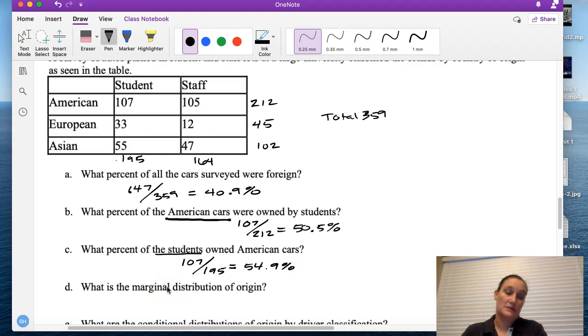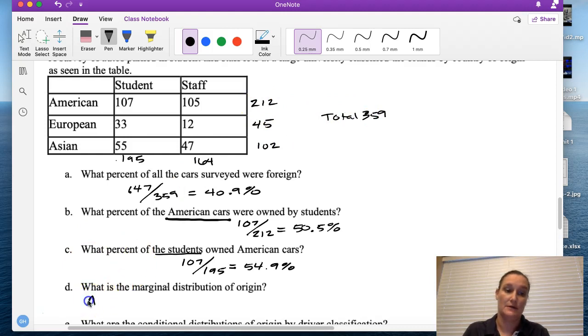All right, D, what is the marginal distribution of origin? This is essentially if we did not have a two-way table like this, if we just had American 212, European 45, Asian 102, that's what this is asking you to find percents for. For origin, you take the row total and find the percent with that out of the total of the table.